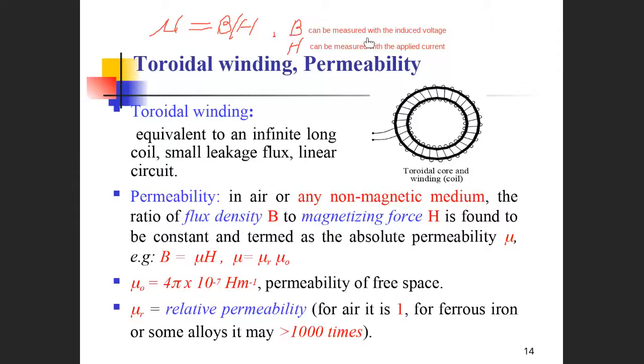The magnetic field can be measured with the induced voltage. So we can monitor the applied current and the induced voltage across a given coil by using an oscilloscope.